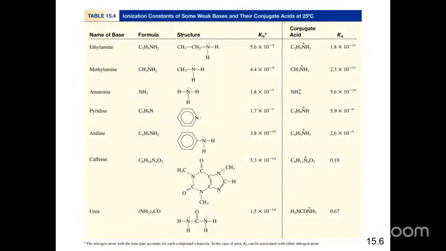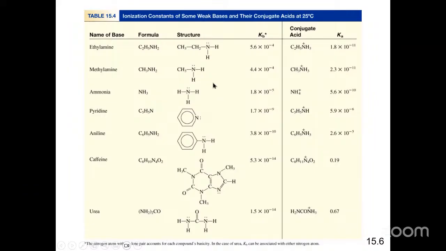And these are different bases and their corresponding Kb values. So this is ethylamine. Most weak bases are organic in nature, so that's why you see all these compounds here. The only one that's not organic is ammonia, but all these other bases are weak bases.